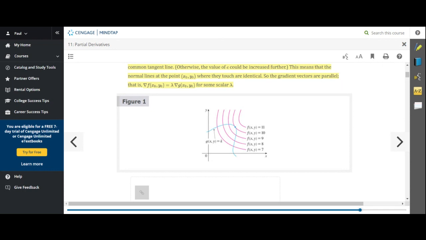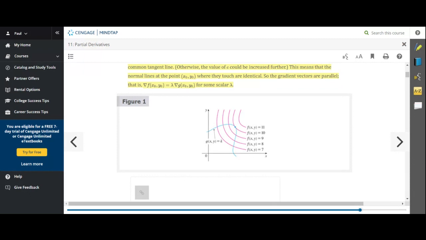If you were to draw the gradient of the function and the gradient of that level curve, I'm sorry, if you were to draw the gradient at the level curve, f of xy equals 10, that gradient is perpendicular, right?